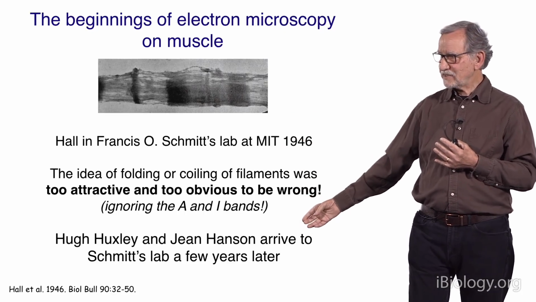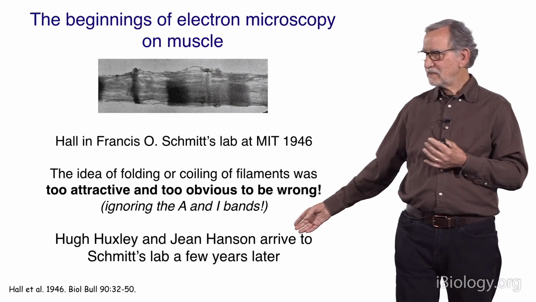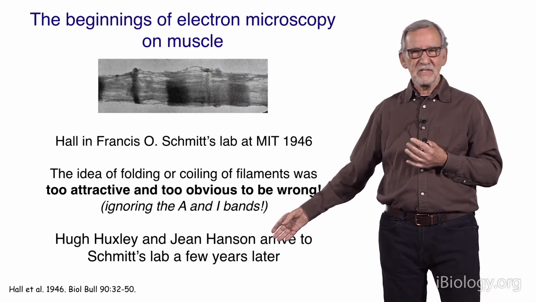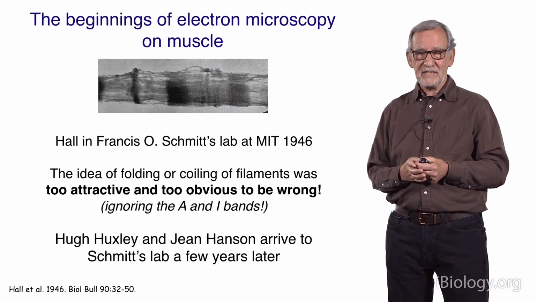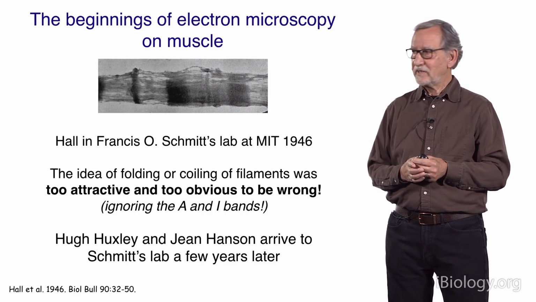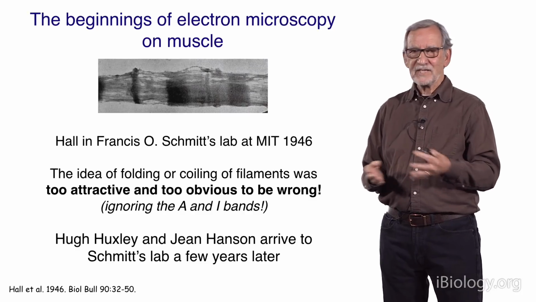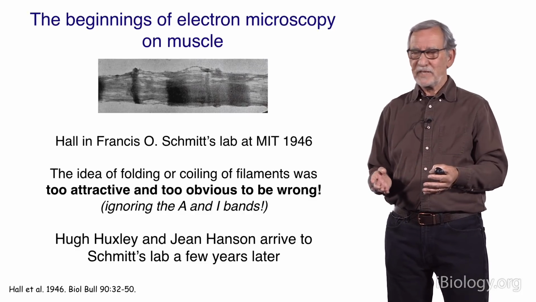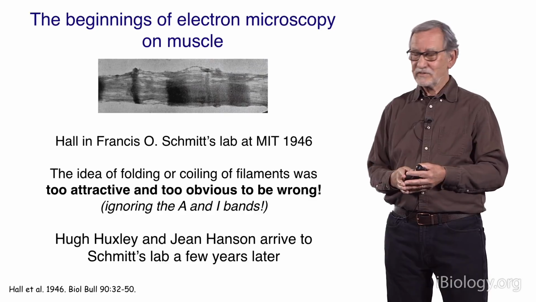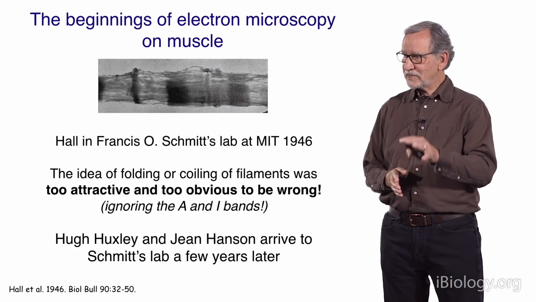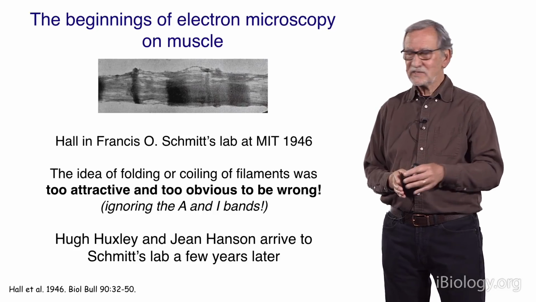And it was Hugh Huxley and Gene Hansen who arrived at Schmidt's lab a few years later because they wanted to learn this new technique, and they were both very interested in muscle. Hugh was actually doing low-angle X-ray scattering, and I'll get to that in a later lecture, having to do with looking at muscle contraction by X-ray scattering.